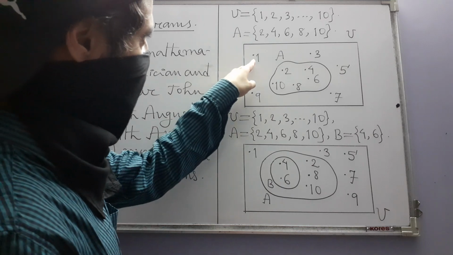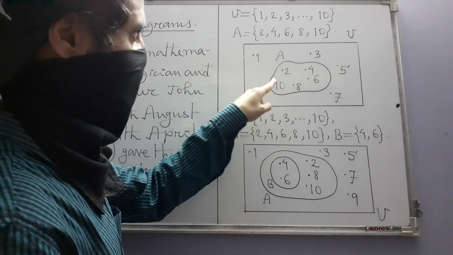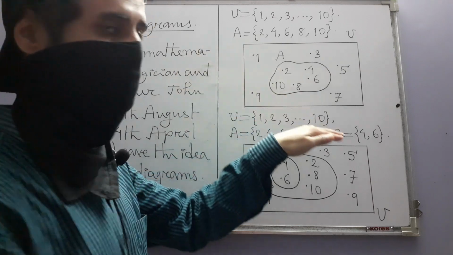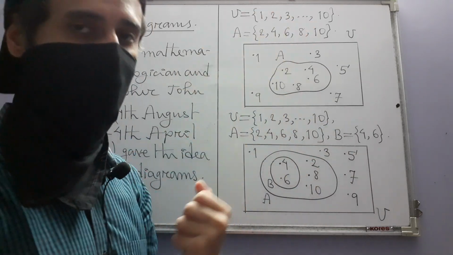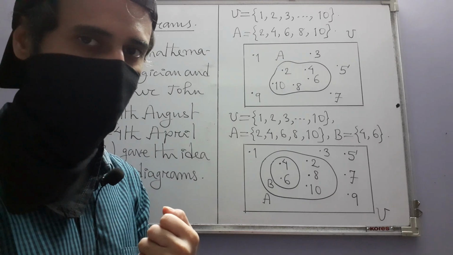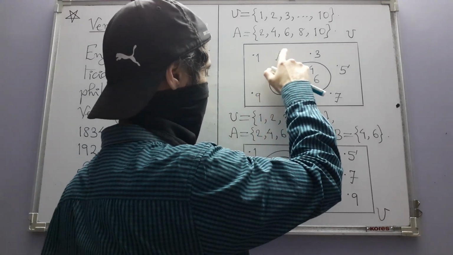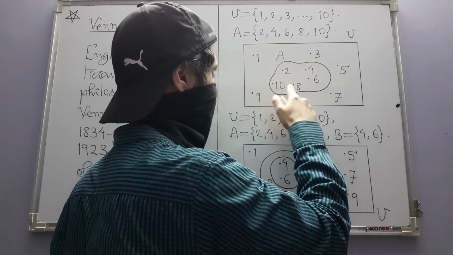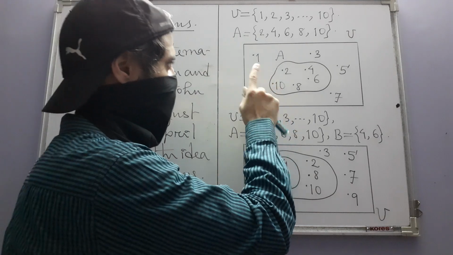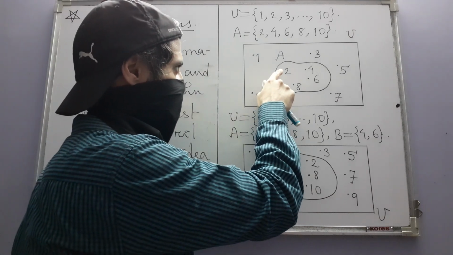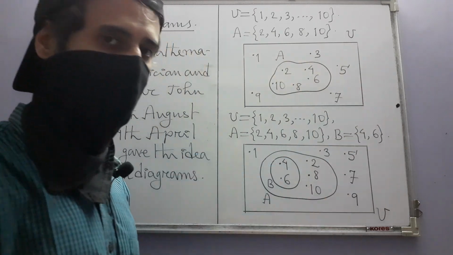However, note that this dot representing 1 has been drawn in such a way that it is inside U but outside A. That's because 1 is not an element in A, but it's an element in U. However, the dots representing the elements of A have been drawn within the region representing A, of course, so that they are not just elements of A, but they are at the same time within the rectangular region also.